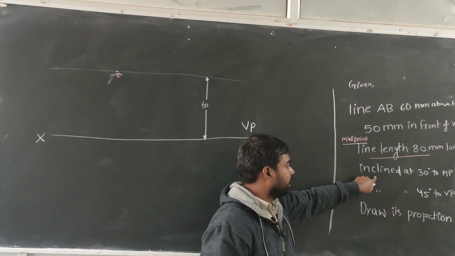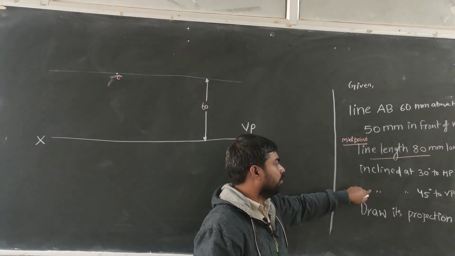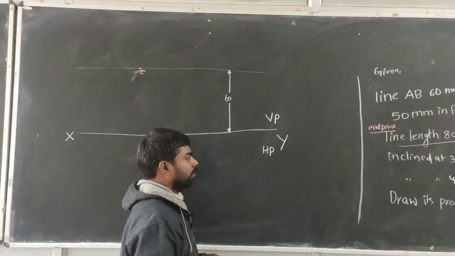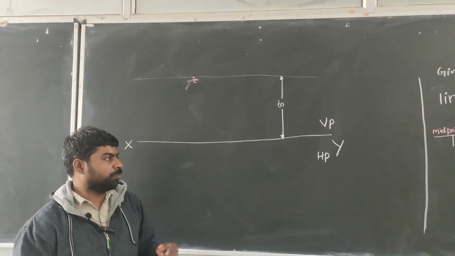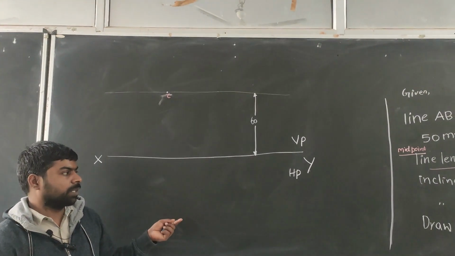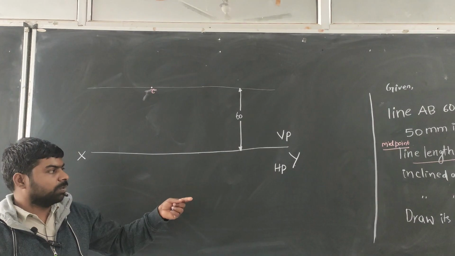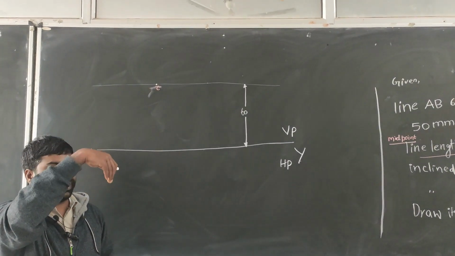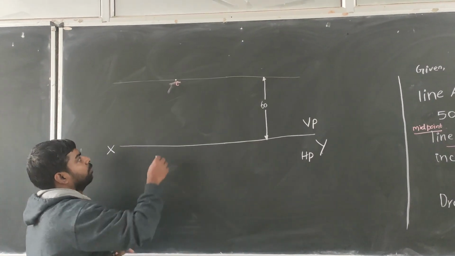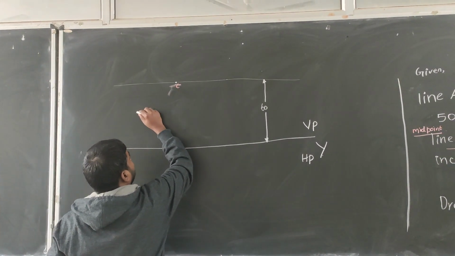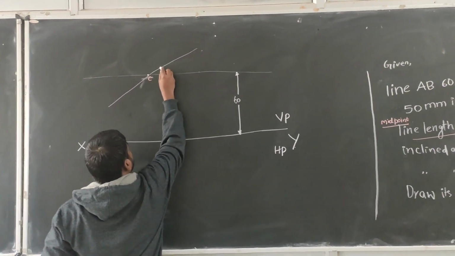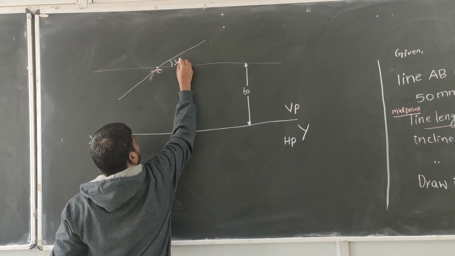Inclined 30 degrees to HP and 45 degrees to VP. Now we are going to make this one. Okay. So if any inclination is to HP, that will be projected on VP's plane. If 45 degrees is inclined to VP, from the top view only we can see the projection, which will be in HP. So here we have to make a 30 degree inclined line. Just give some length to the line which is at 30 degrees.